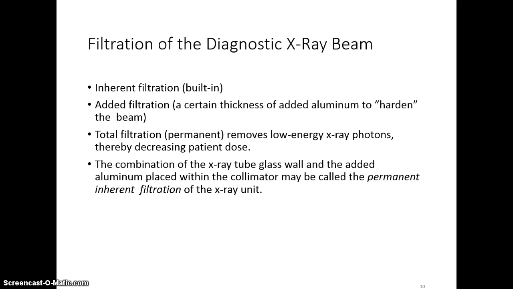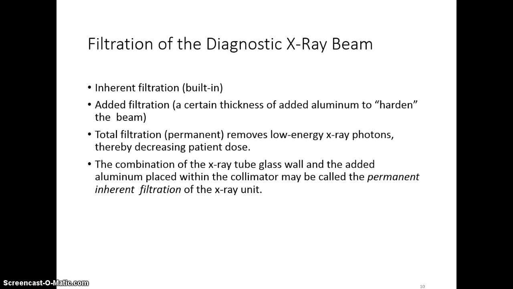Inherent is about 0.5 to 0.9 millimeters of aluminum equivalent. That's an important point to remember, because when we talk about inherent filtration in the tube, that's what's built in, I told you about a leaded glass envelope. Whenever you're talking about filtration, it's aluminum equivalent.